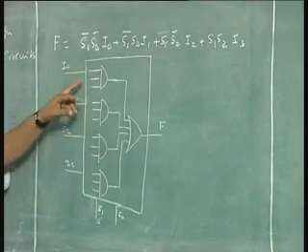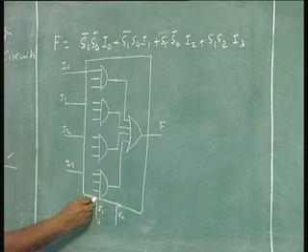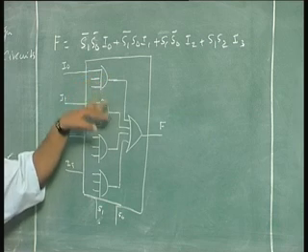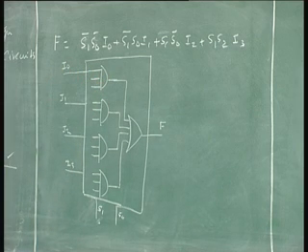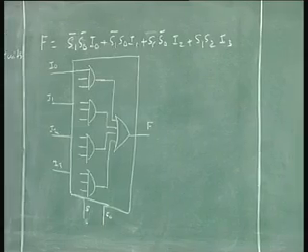So, for this gate for example, I need to feed this S1 with the inverter, this S0 with an inverter. Then like that you can complete the drawing. I am not showing it because it becomes a very messy affair on the board.